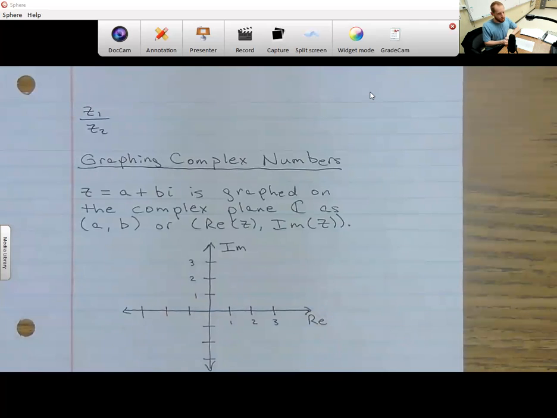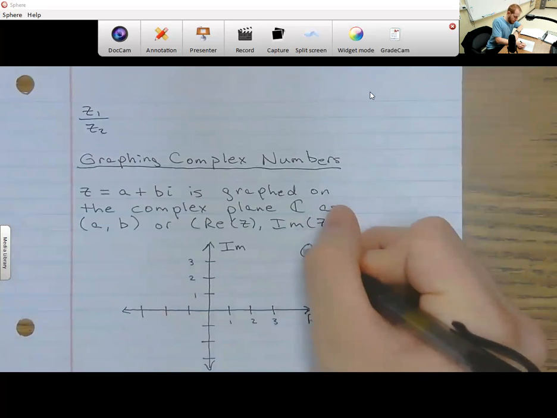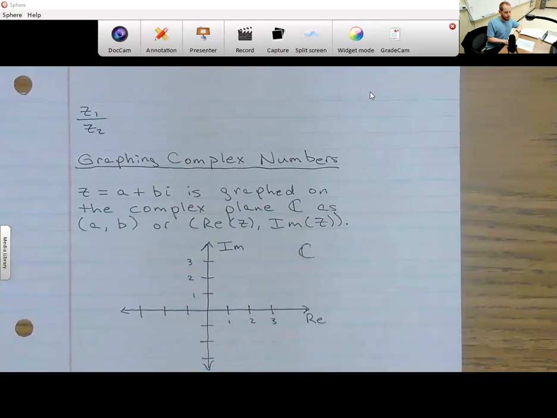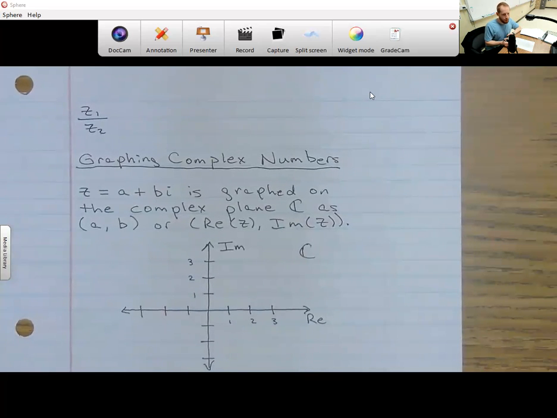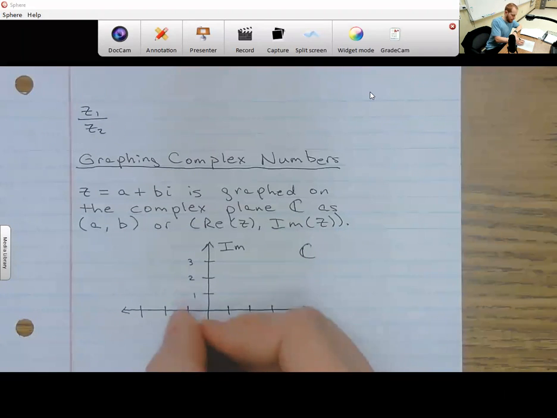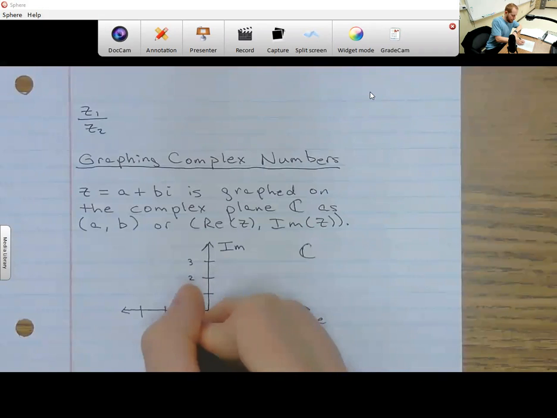Okay. So as you probably already know, this is the XY plane. But since we have a real axis and an imaginary axis, this is going to be called the complex plane, the complex plane C. So I'm going to draw a C off to the side. So all the positive numbers are going to be on the right side, and all the negative numbers are going to be on the left side. The -1, the -2, and the -3.